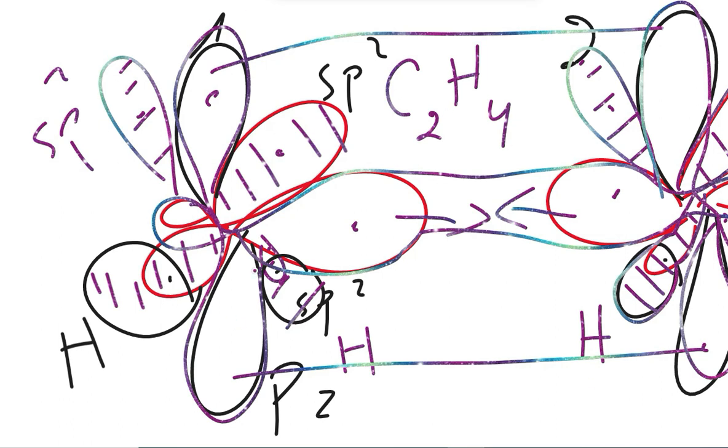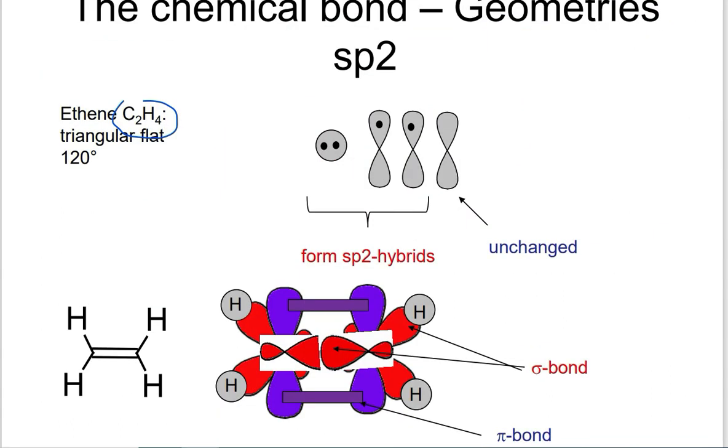It's not two bonds, it's just two lobes, but it actually has in total one electron here and one electron there. So if you see it here, this one, which was originally PZ, and here PZ, is now one full bond. So this is one bond.